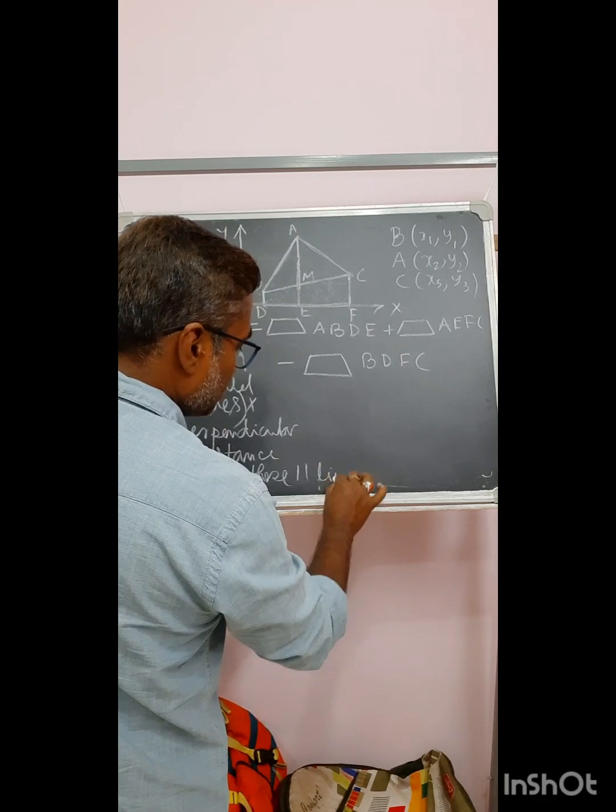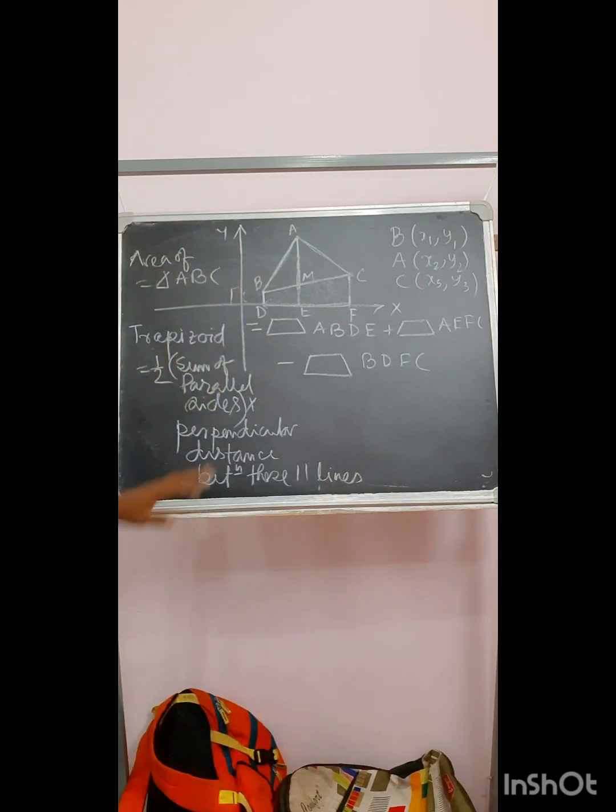I assume you know it, because it is a very easy formula: the area of a trapezoid is half into the sum of the parallel lines and the perpendicular distance between them. So if I assume this is any trapezoid, these are the parallel lines, the sum of these lines into the perpendicular distance in between will give you the area of this trapezoid.